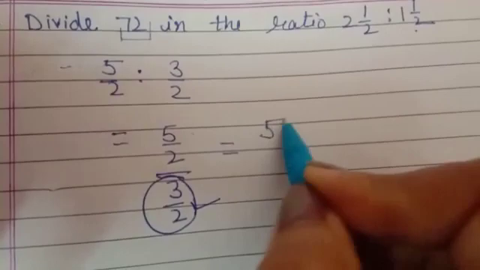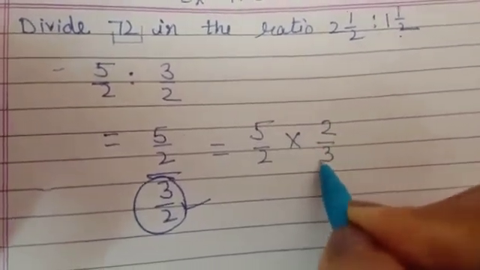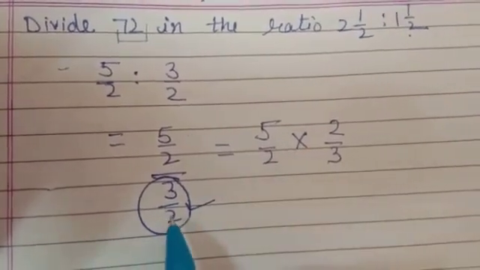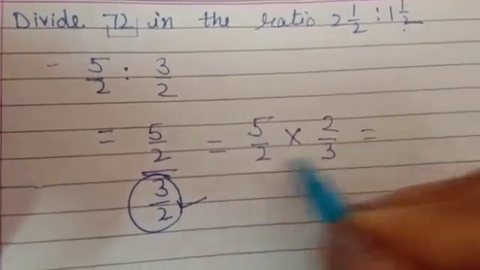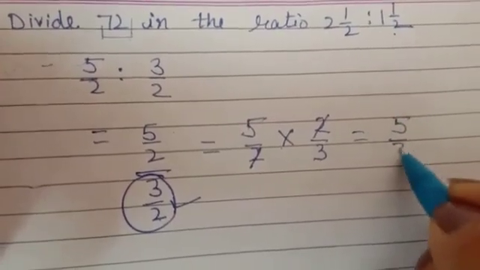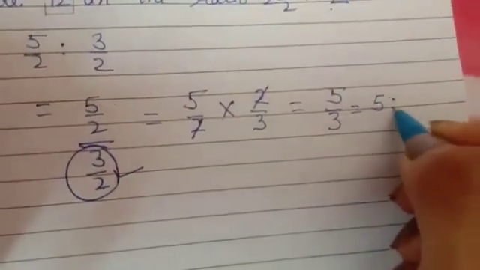So it will be written as into 2 over 3. This fraction comes into the multiplication after taking its reciprocal. So 2 and 2 will be cancelled. The fraction becomes 5 over 3. It can be written as the ratio 5:3.